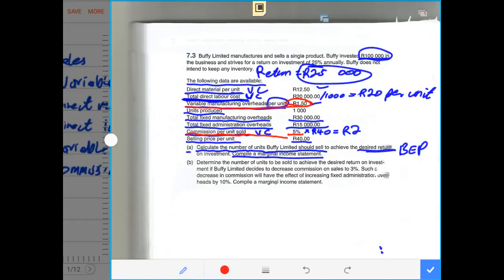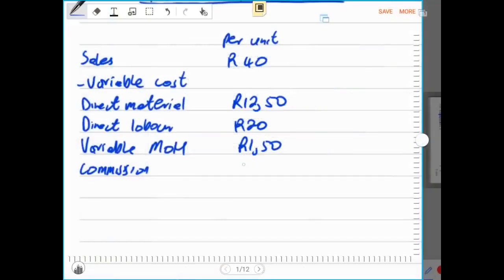The more the company sells, the more commission the salesperson will get. But if the salesperson sells less, he'll get less commission. Hence, commission is normally connected with the selling price and the number of units sold. So our commission will be 5% of the selling price of 40 rand, which is 2 rand.